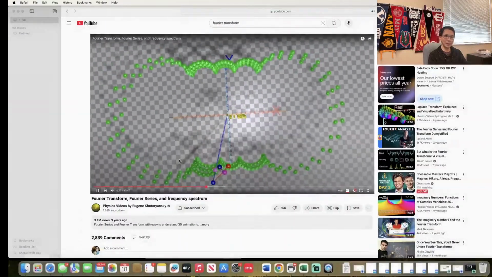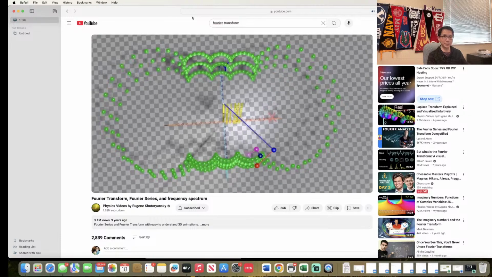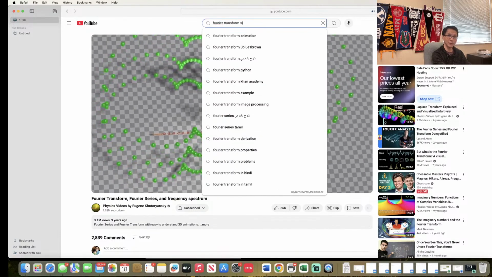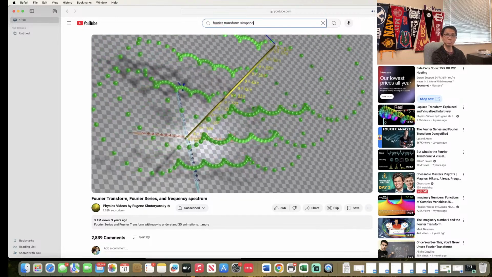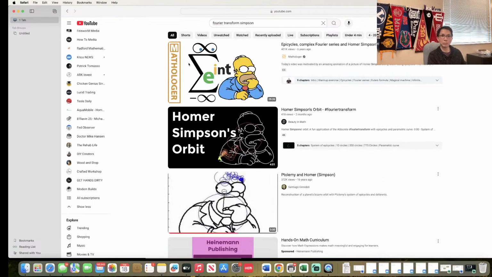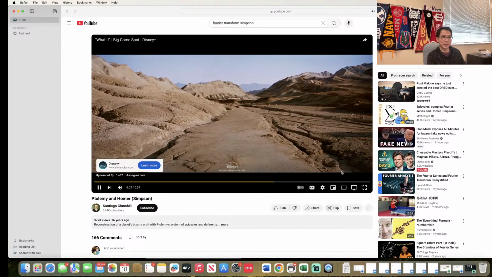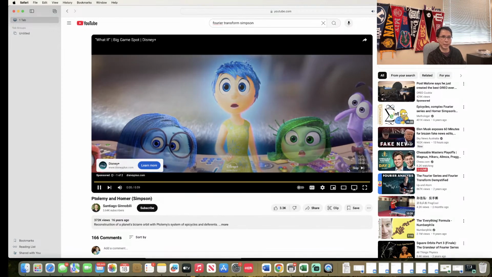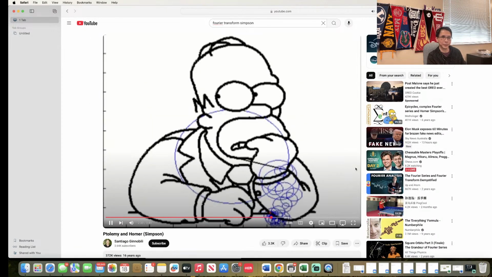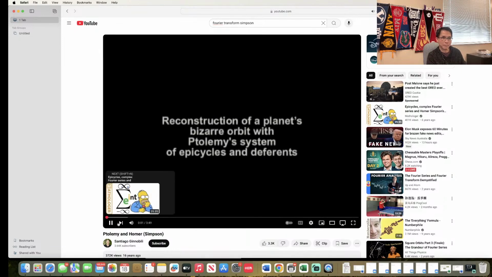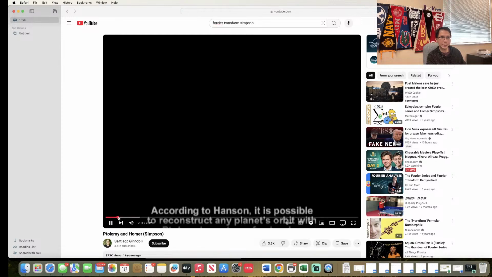Now, somebody else did something different. Do you guys know the cartoon character called Simpson? This one. Somebody came up with a function that can draw a Simpson diagram in one stroke. And this is 16 years ago.